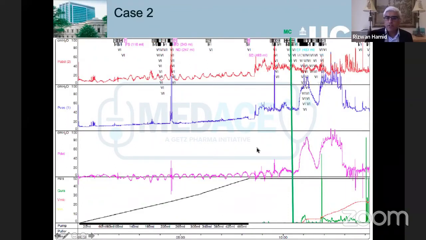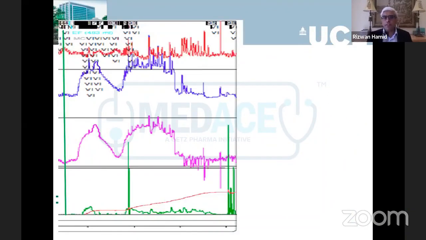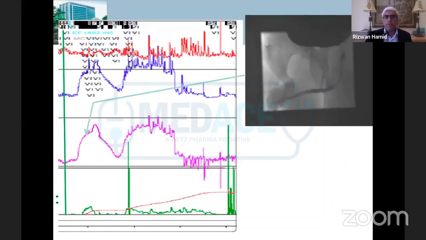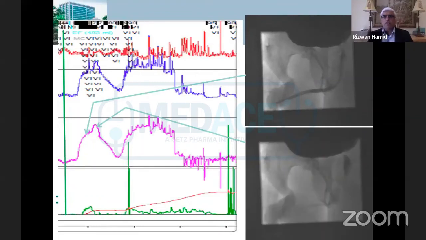And that is why you need to do the video urodynamic studies, because if you do the video, you can see at this level, when the pressure is going very high, the bladder neck is not opening very well, and there's a poor flow. And then you do a stop test known as the Whiteside trapping sign.